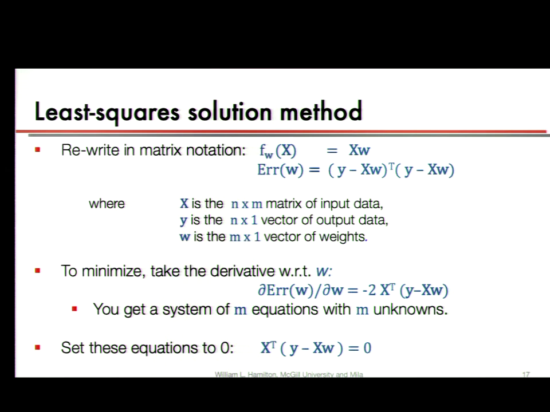This is going to be one of the extremal points of this function, which we can get by taking the derivative with respect to the weight vector and then setting that derivative equal to 0. Of course, you might say to yourself, well, this also could be a maximum, so when we find points where the derivative is 0, this isn't necessarily a minimum, but you can convince yourself here that in this case, we're actually going to get the minimum value when we set this derivative equal to 0. And we'll talk about more formally why that's the case a bit later on.